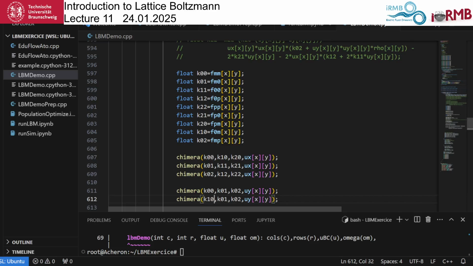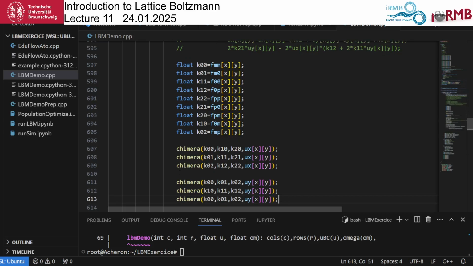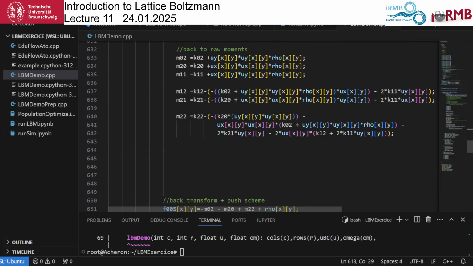So we have to do this for these guys, and we have to do it for these guys. So, and now what we have done is we have implemented the forward transform. Yeah? There will also be a backward transform, but we've already implemented the backward transform.